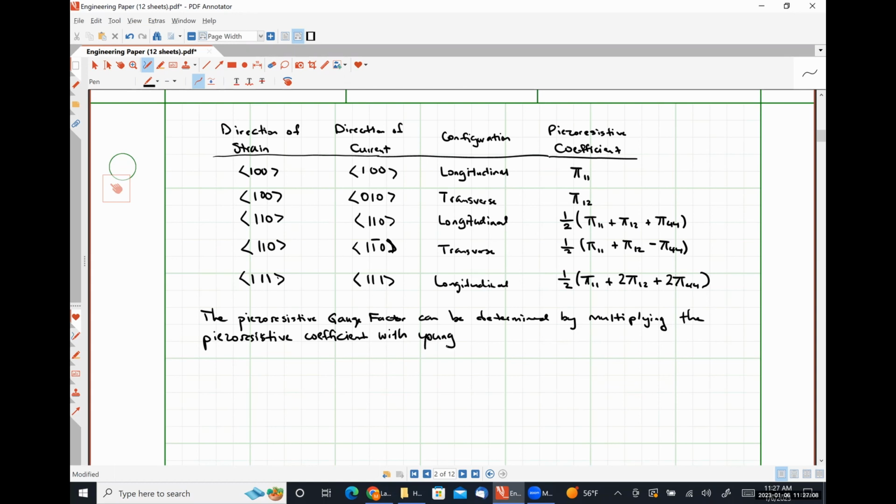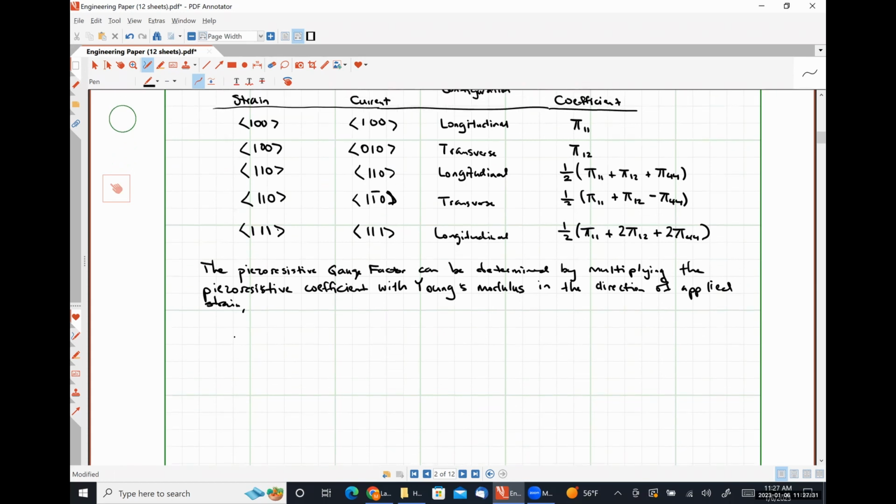That Y should be capitalized, my apologies. In the direction of applied strain. Our gauge factor will be approximately equal to pi times the appropriate Young's modulus, right?